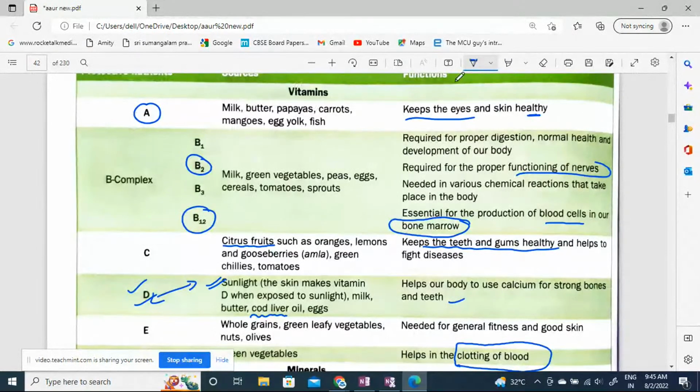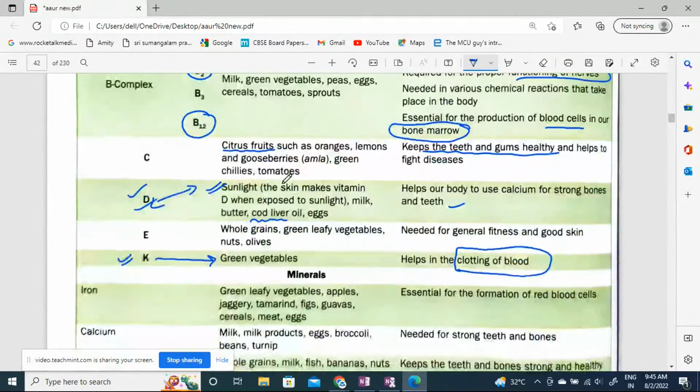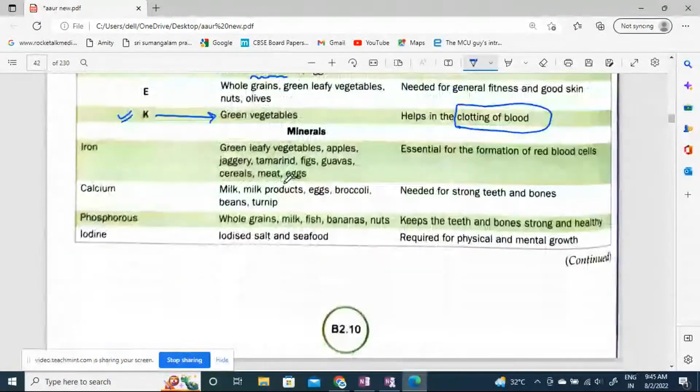Which vitamin is needed for the eyes? Which vitamin is needed for the functioning of nerves? That is vitamin B12. Which mineral is needed for the formation of red blood cells? That is iron. Which mineral is needed for the teeth and bones? That is calcium.